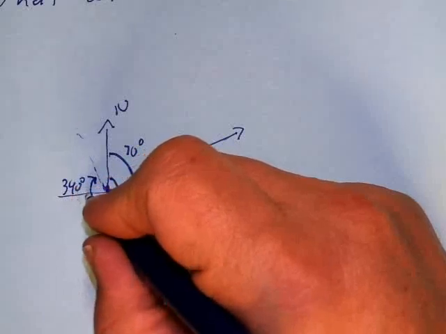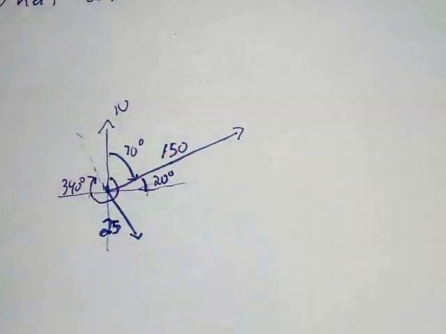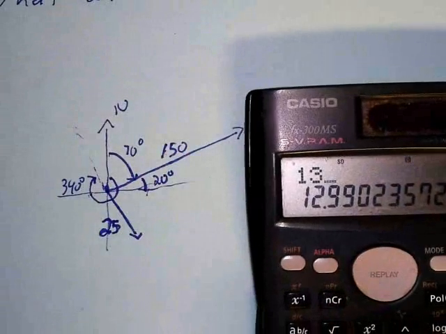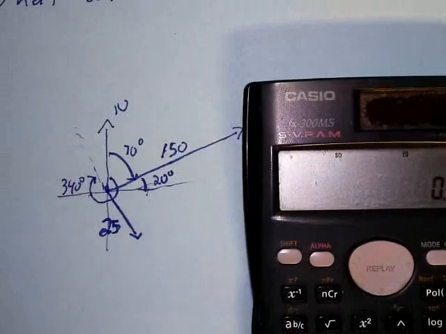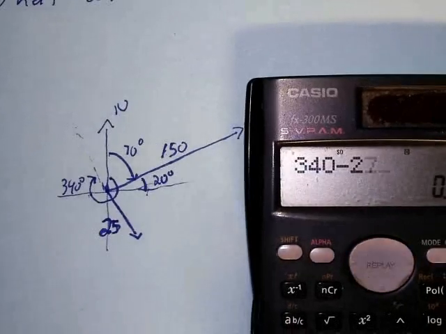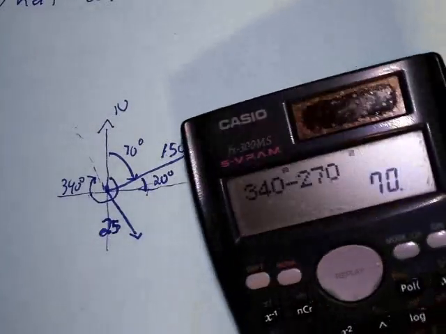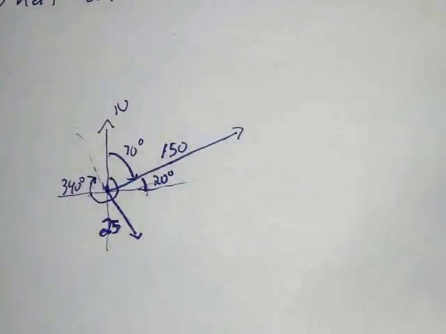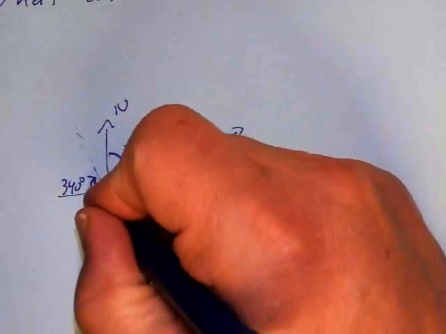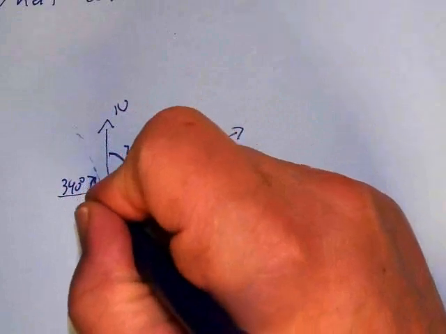So if I take 340 minus 270, that's going to give me 70. This angle here is going to be 70 degrees.